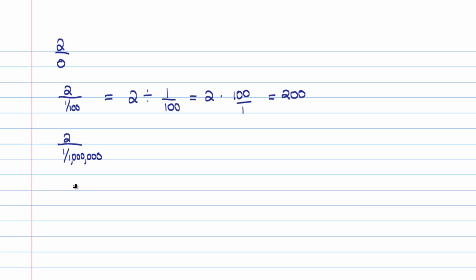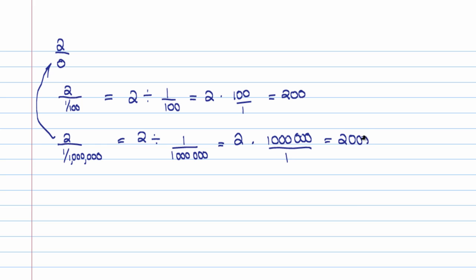That's extremely close to zero. If you had 1/1 millionth of a dollar, you'd essentially have nothing, right? So this is almost like 2 over 0. Let's see what this number actually is. 2 divided by 1 over a million is the same thing as 2 times 1 million over 1, which is the same thing as 2 million.